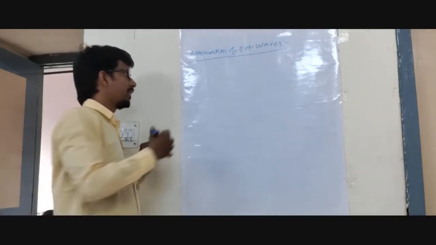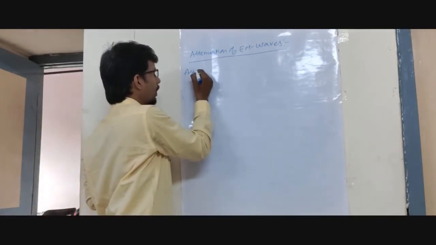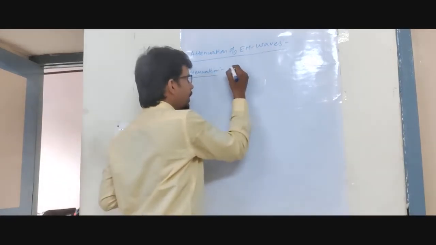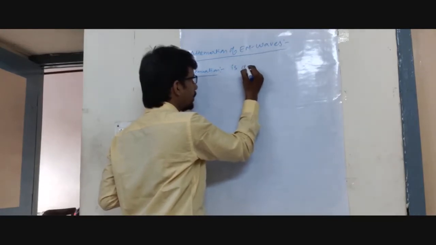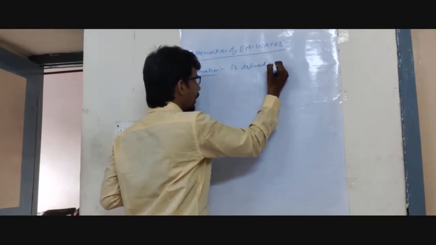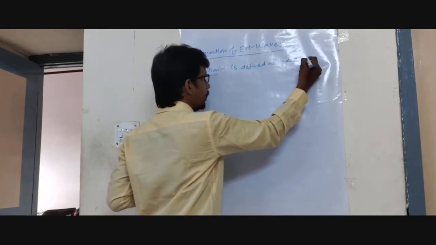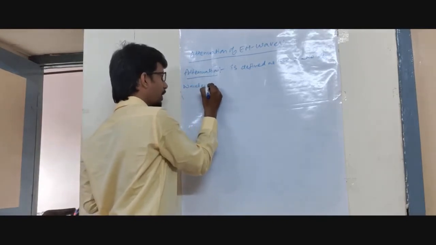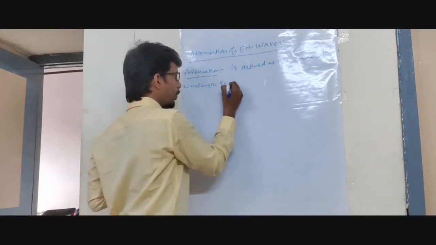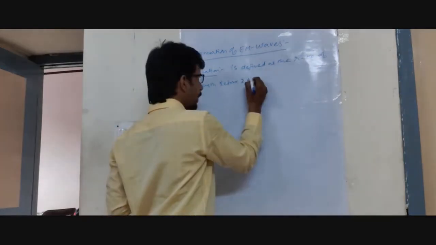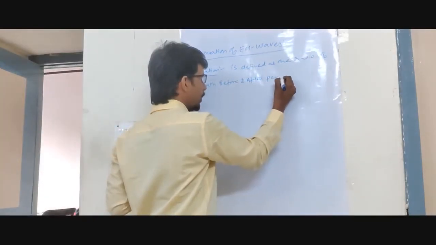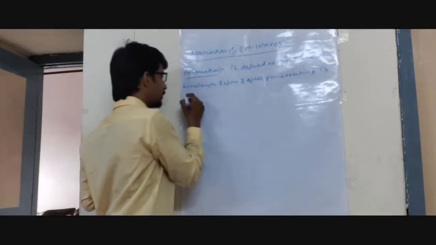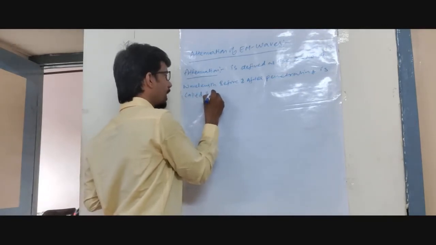Attenuation is related to the definition. Attenuation is defined as the ratio of wavelength before and after penetrating is called attenuation.